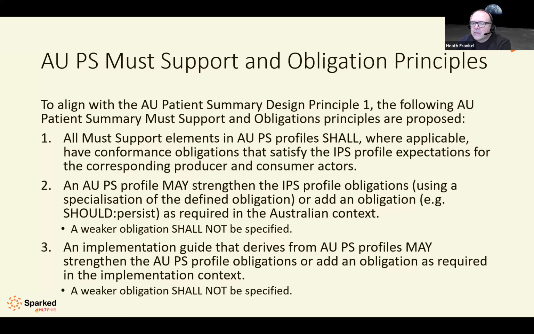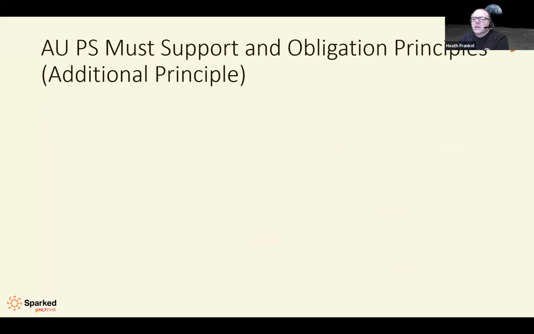And an AUPS profile may strengthen the IPS profile if we wanted to, and downstream implementation guides can also strengthen those further as they see fit. So if you've got a company-based one, or there's a national patient summary for the My Health Record, for example, then they can apply additional stronger obligations if necessary. Weaker ones are not allowed.